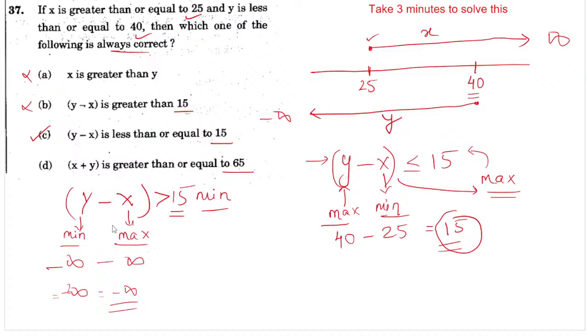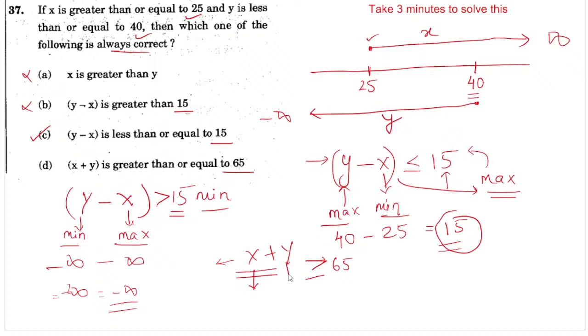We'll just check option D also: x plus y is greater than or equal to 65. They're asking what is the minimum value of x plus y.